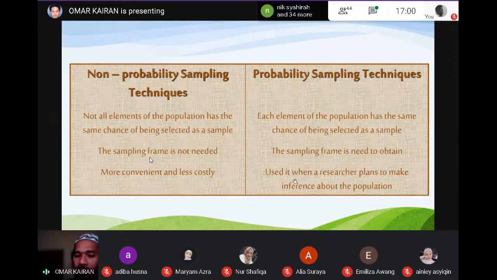Use it when a researcher plans to make an inference about the population. So it can be used to make inferences, meaning we want to draw conclusions about the population, so we can use probability sampling.